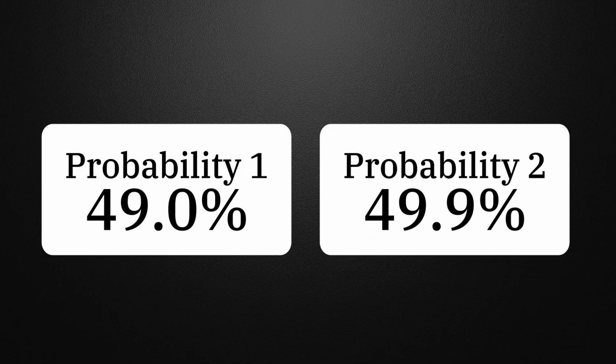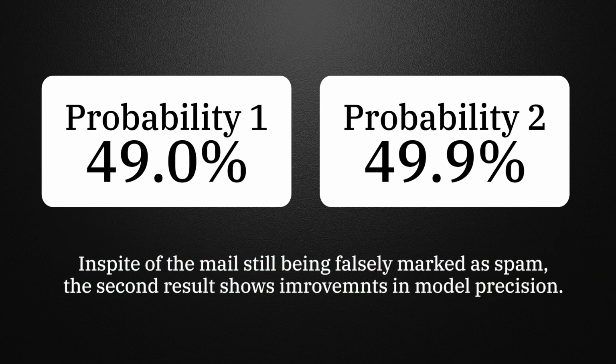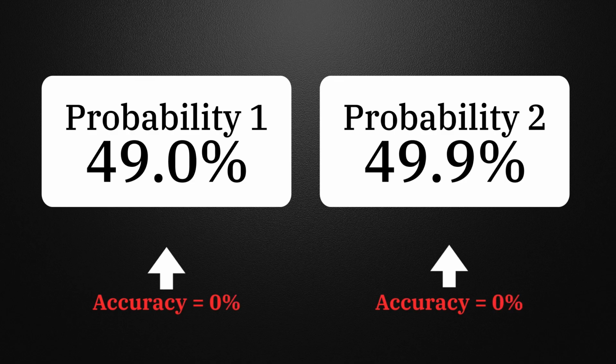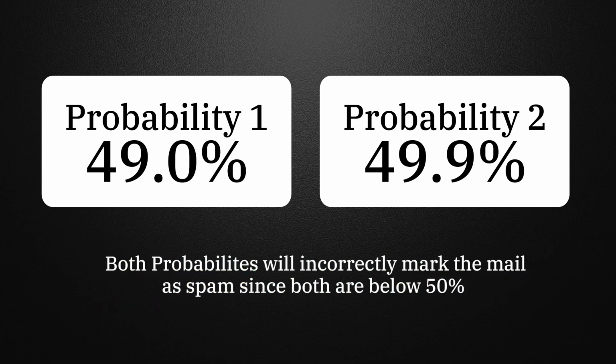If a model incorrectly predicts 0.49 probability for spam, instead of classifying it as spam, and then let's say the model improves slightly and predicts 0.499, it's still wrong, but it has made an improvement from what it predicted previously. However, in both cases, the accuracy didn't change. The model tried to learn and it did learn in the right direction, but the accuracy metric gave it zero feedback. It stayed flat.